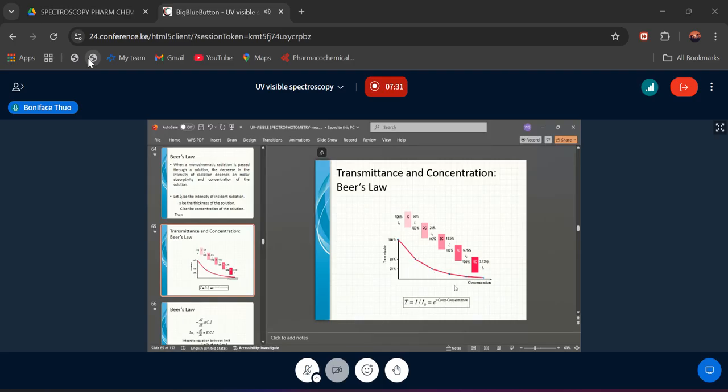So in other words, we are saying that the absorbance increases exponentially, or transmittance decreases exponentially, as the concentration of the sample increases. So that is the equation representing that.